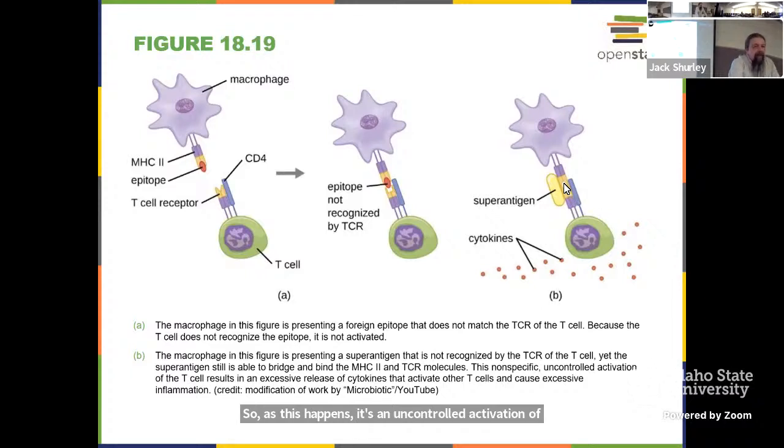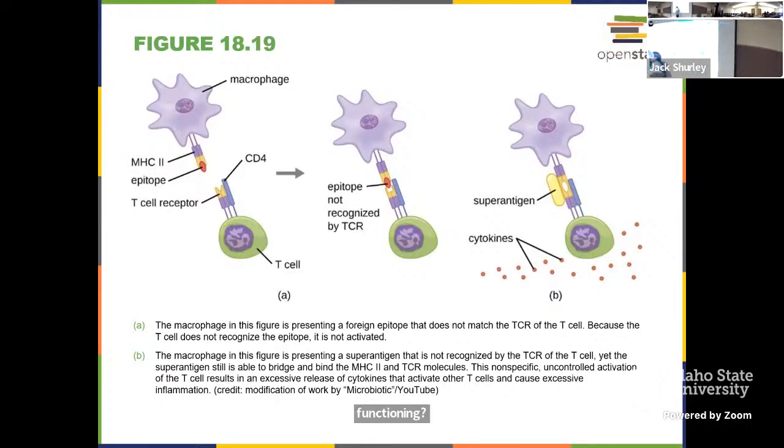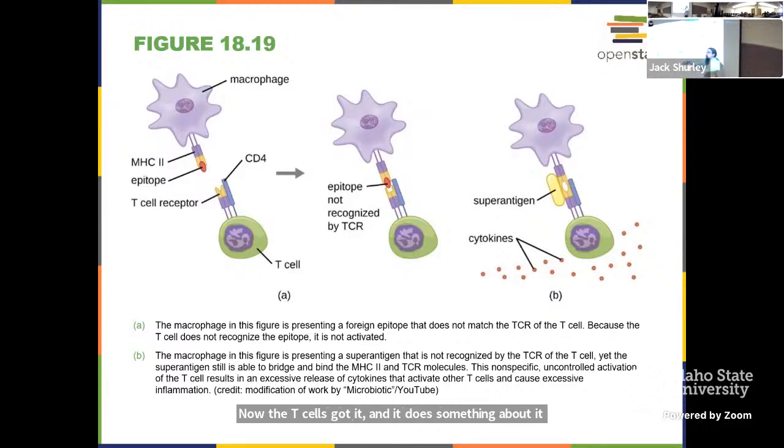And what happens in this case is these antigens link up, and what should be happening, forgetting about this not functioning, is this guy comes in, interacts, and they make the exchange. Now the T cell's got it, and it does something about it, all right? It's not functioning like it should.